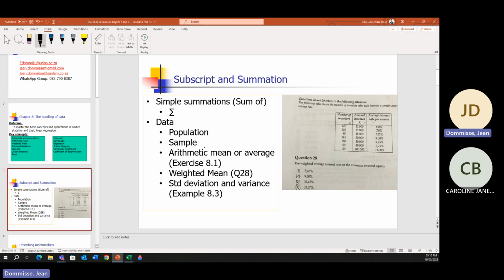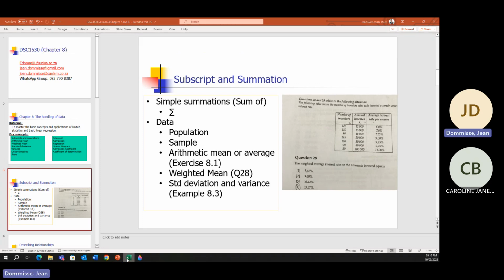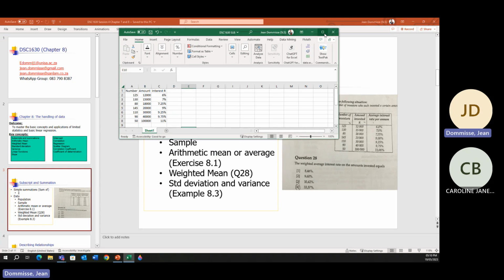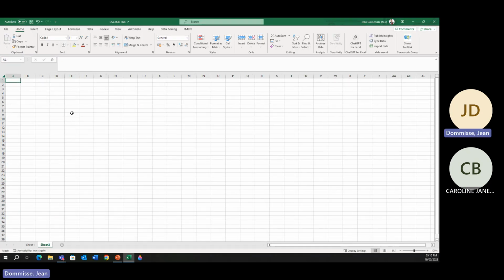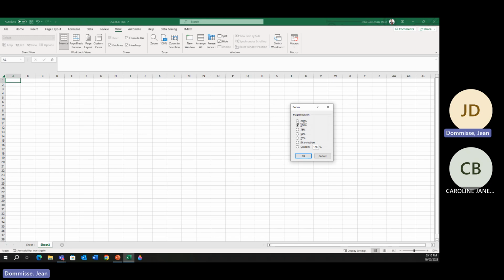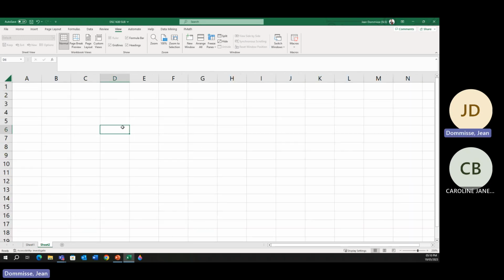So if they gave you, and let's go to Excel nearly, so if I gave you the numbers 5, 10, 30, and 60, and maybe in this course we will rather use rands or whatever, but if you need to do the sum of that, it's as simple as the sum of those values.